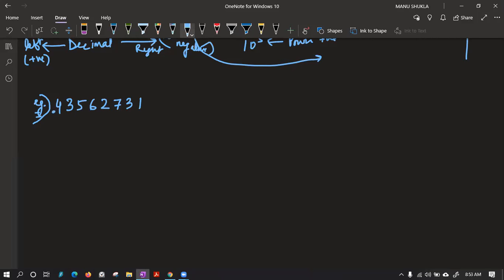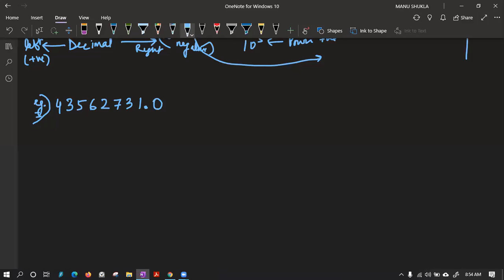It is wrong, because just putting the decimal before 4 makes it a very small number. It was a very large number, but by this mistake we have changed the number, so we cannot put the decimal before 4. So we need to put the decimal at the end so that nothing is disturbed.